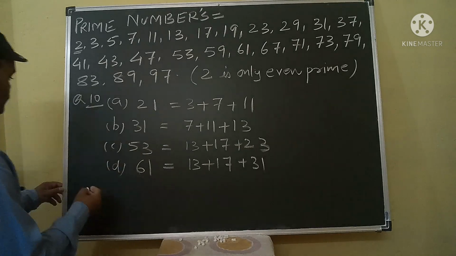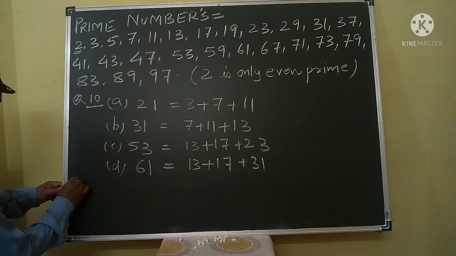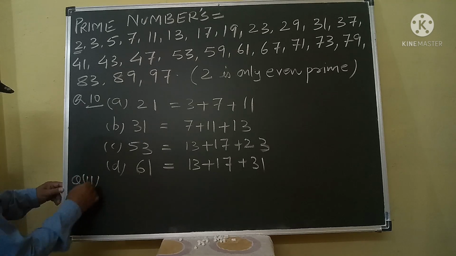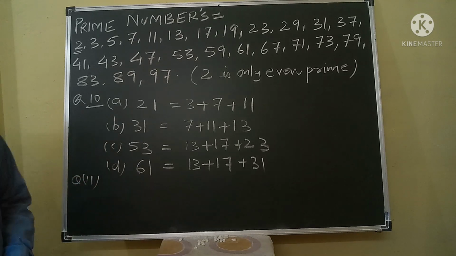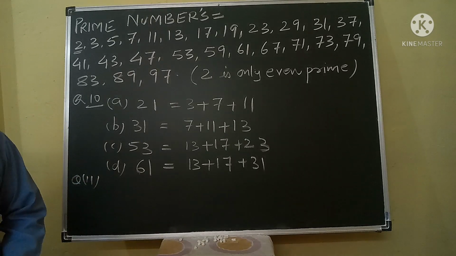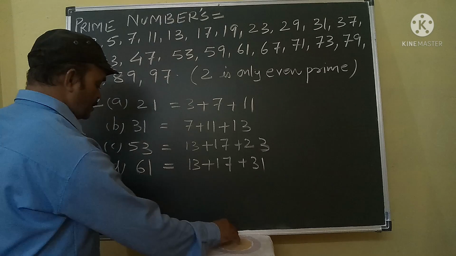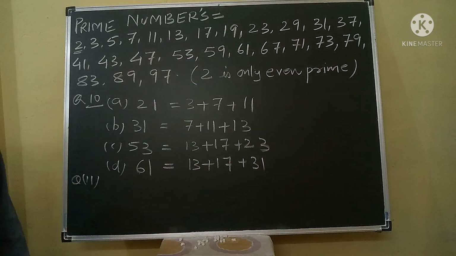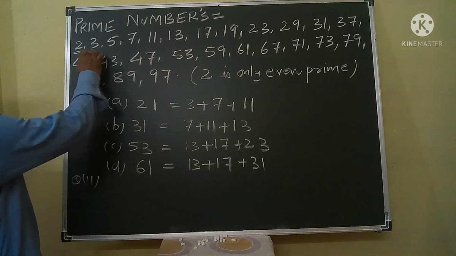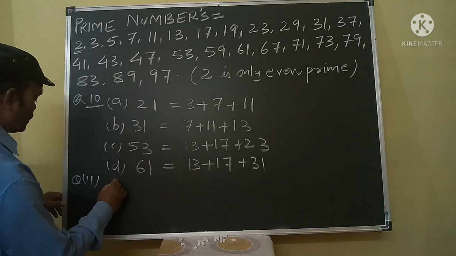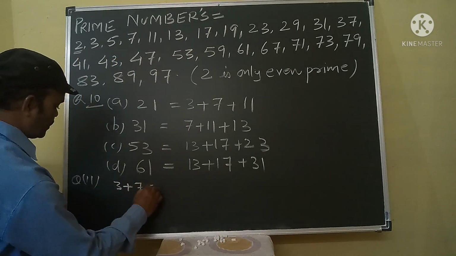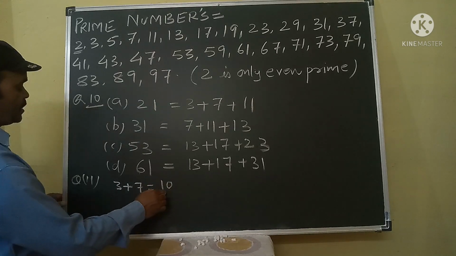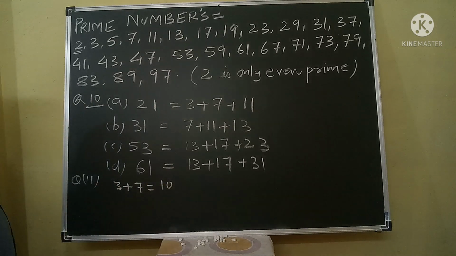So the answer of question number 11 is: write 5 pairs of prime numbers less than 20 whose sum is divisible by 5. Look here, suppose 3 and 7. 3 plus 7 is equal to 10. 10 is divisible by 5.